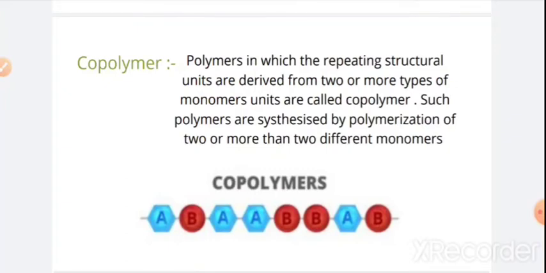Such polymers are synthesized by polymerization of two or more different monomers. Okay. So in the diagram itself, you can see the difference between homopolymer and copolymer, right?